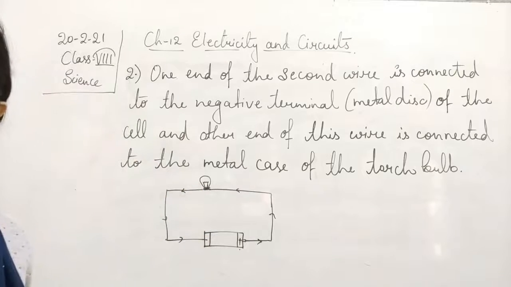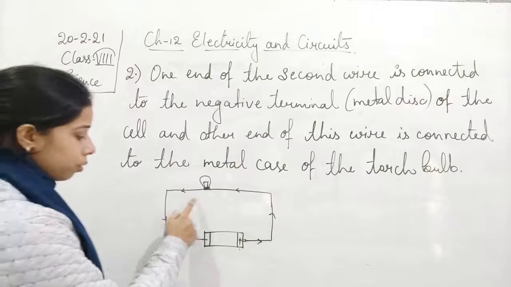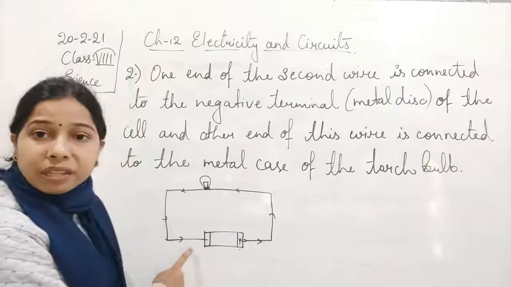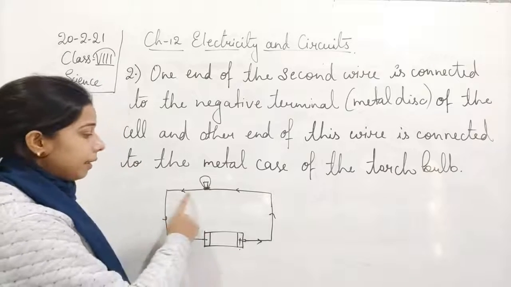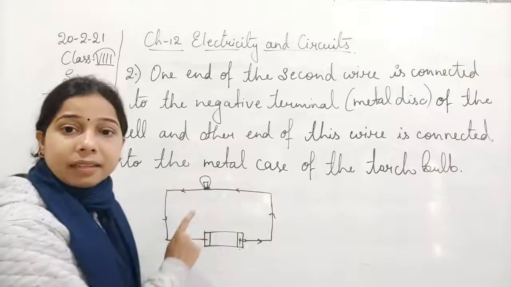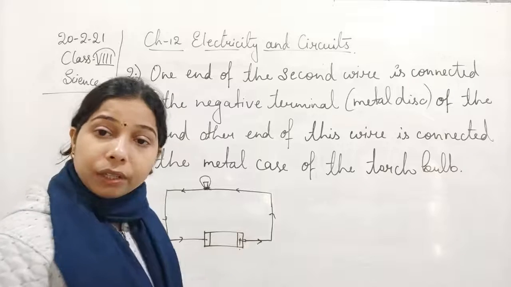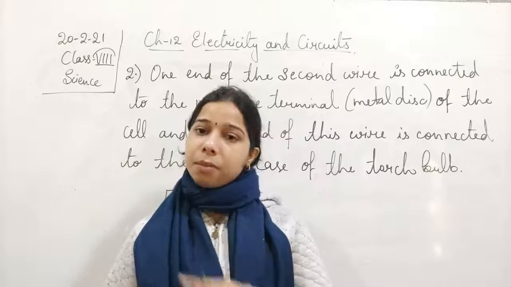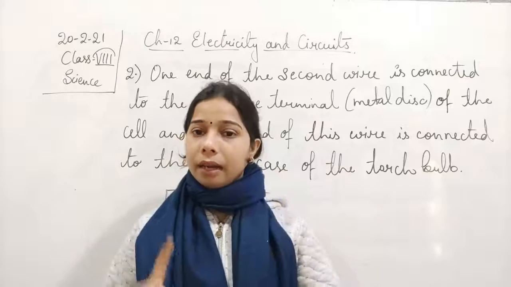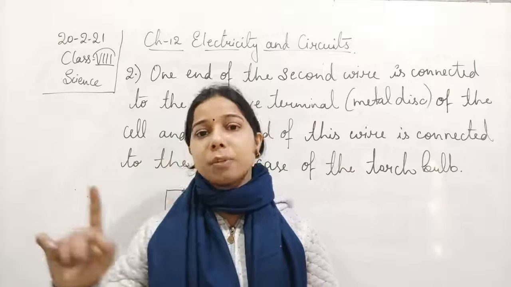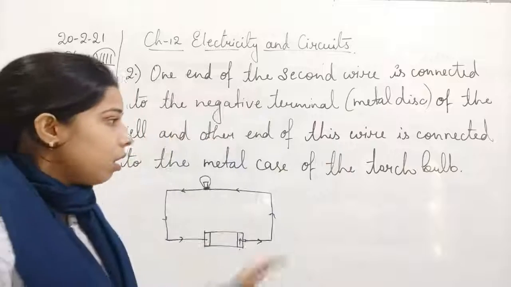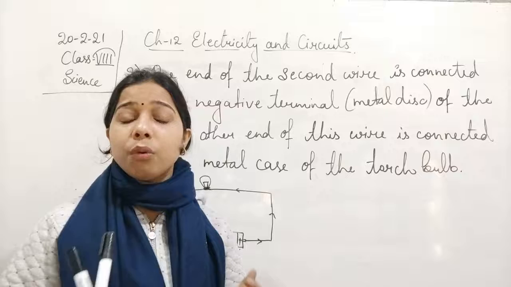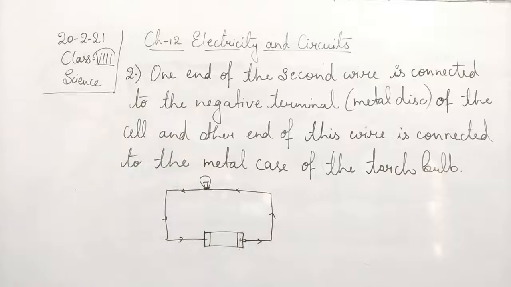The second wire, students, you can see, goes from the negative terminal and the other end is attached to the bulb itself. So here we are talking about two connecting wires. One is connected from the positive terminal to the bulb, and the other is connected from the negative terminal to the metal case of the torch bulb. Okay, so I hope you have understood how we are making the electric circuit.